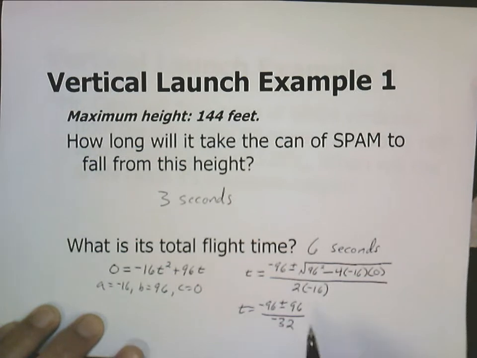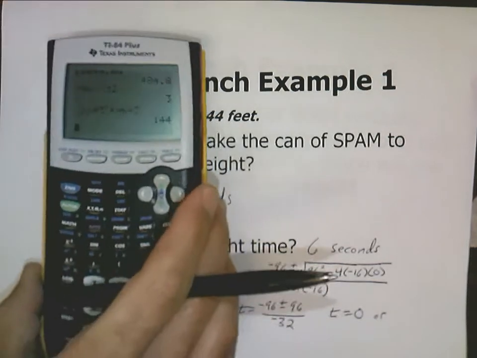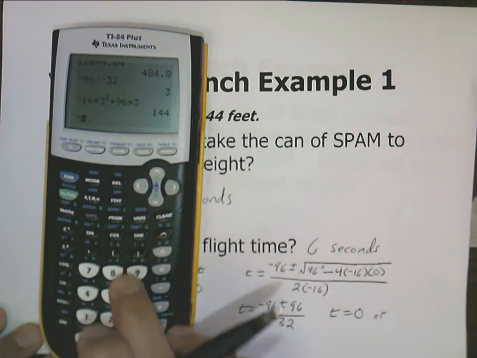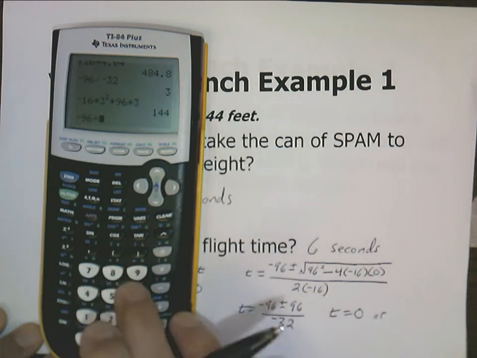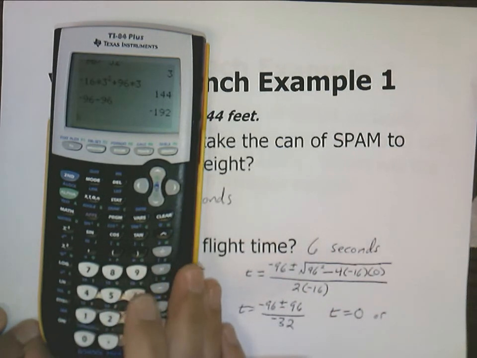And so we get either, well, negative 96 plus 96 is going to be 0 divided by negative 32. So either t equals 0 or negative 96 minus another 96. Well, what's that going to be? Negative 192.